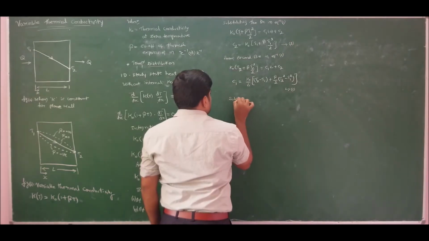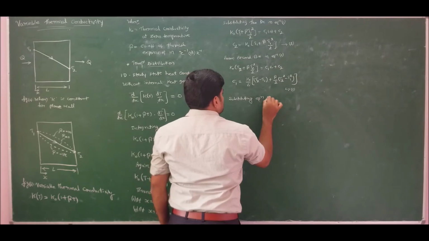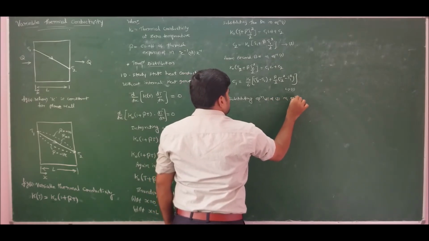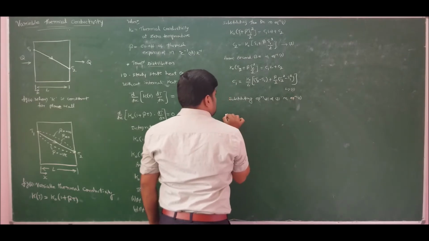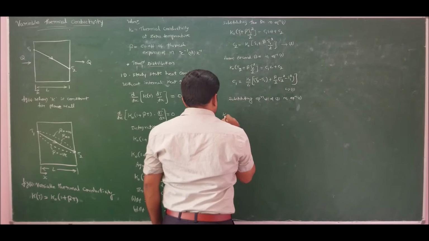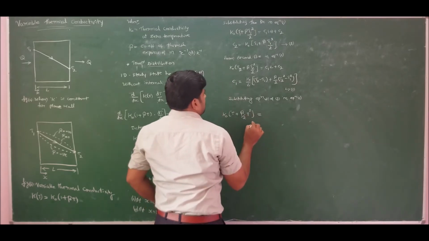Substituting equation 2 and 3 in equation 1, I will get the expression as k naught of t plus beta by 2 t square is equal to c1x.